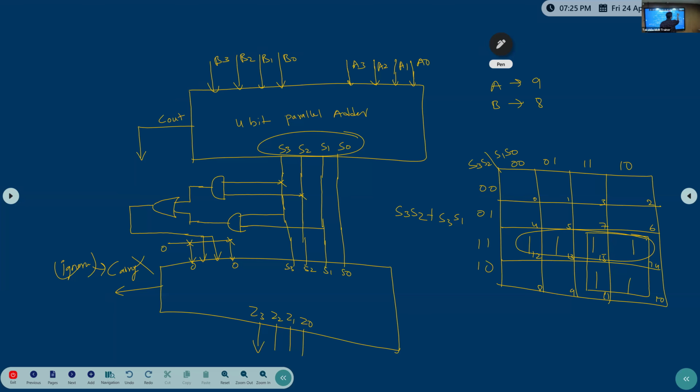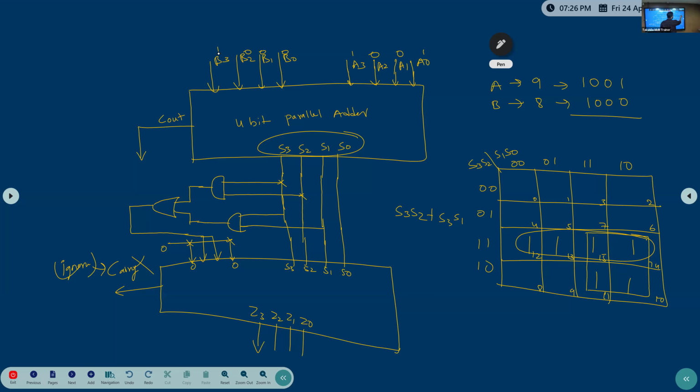So how will we represent 9? 1001, and 8 is 1000. So now A is 1001 and B is 1000.